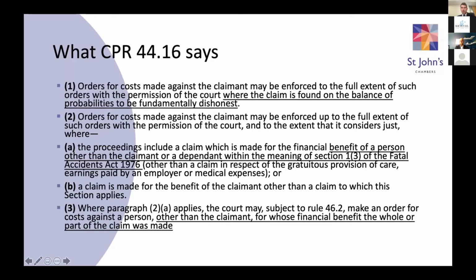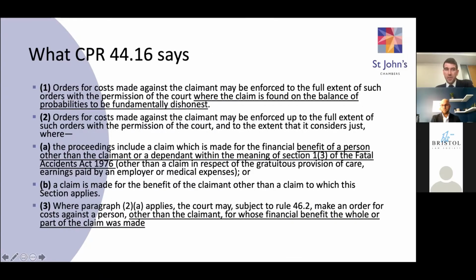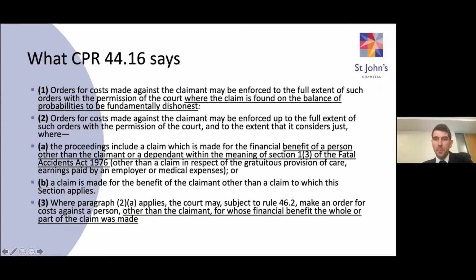Orders for costs made against the claimant may be enforced to the full extent of such orders with the permission of the court where the claim is found on the balance of probabilities to be fundamentally dishonest. So in short, you've got the slides after this webinar for the other parts of that section, but where the claim is found to be fundamentally dishonest, then with the permission of the court, the defendant typically can ask the judge to enforce orders for costs to the full extent of those orders.